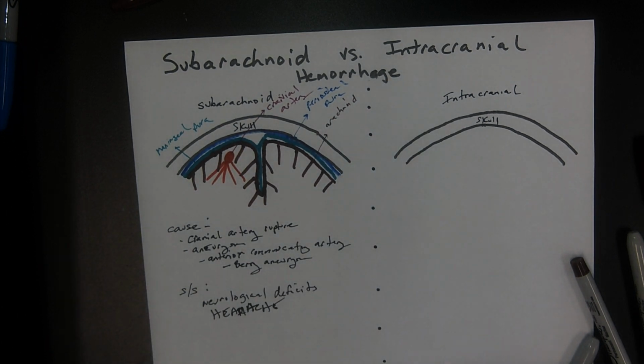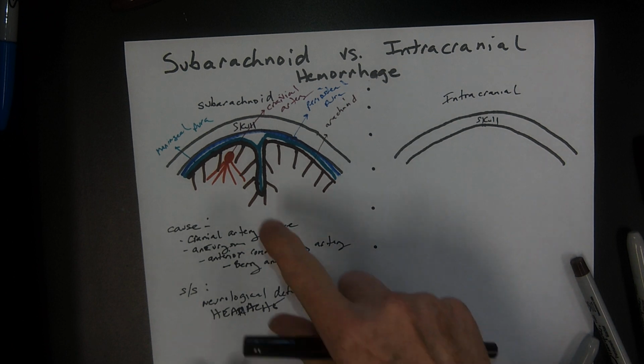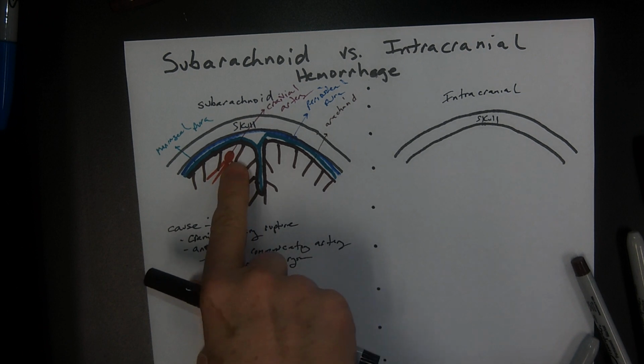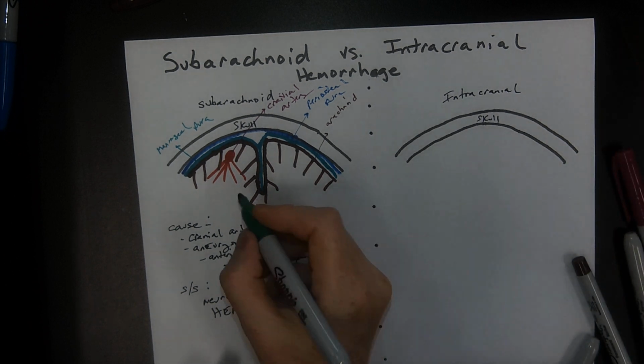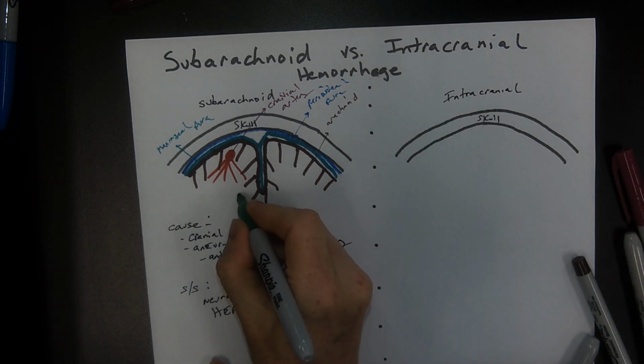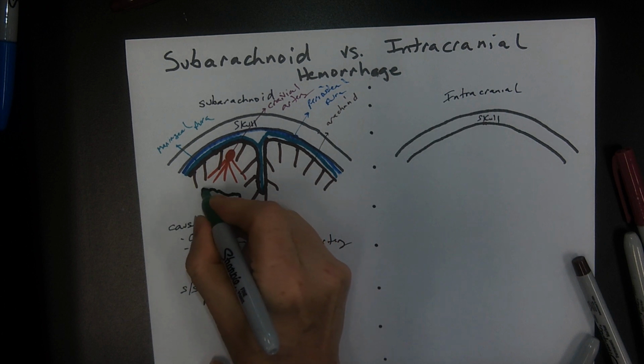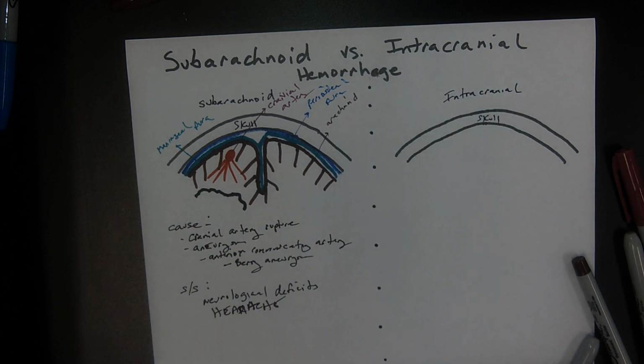Big headache. Okay, a person complains of a headache that's worse than anything they've ever had before. What happens is that blood is being released inside the subarachnoid space and putting a whole lot of pressure on the brain. There's no place for it to go. Okay, so as that blood is being released, then the pia mater, or the underlying brain, gets seriously compressed.